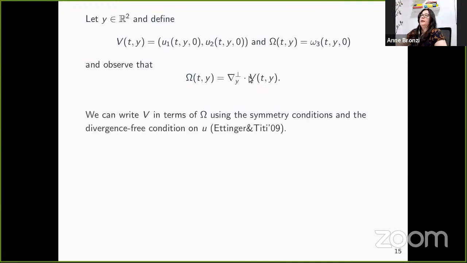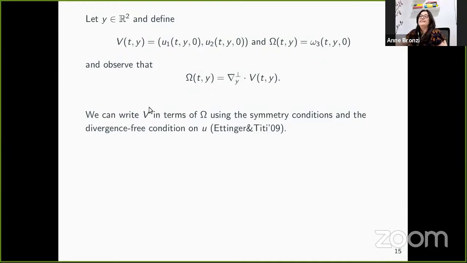Okay, so when we are working with the Euler equations in 2D or 3D, the velocity is divergence free. Then you can introduce a stream function and use the relation of the vorticity with the velocity to write U in terms of the vorticity.